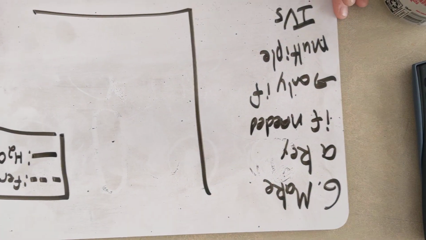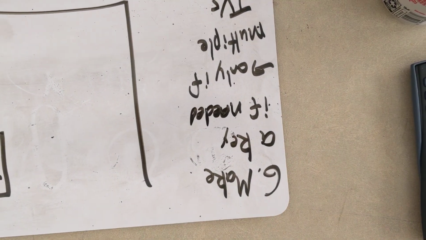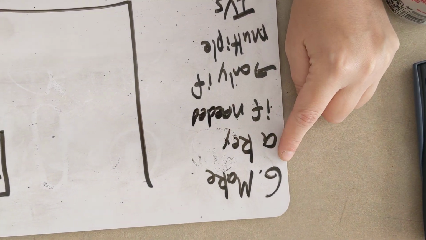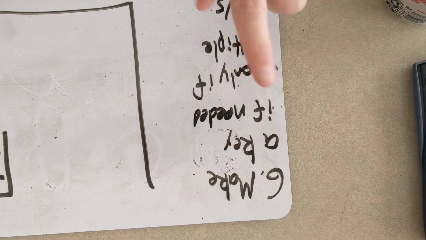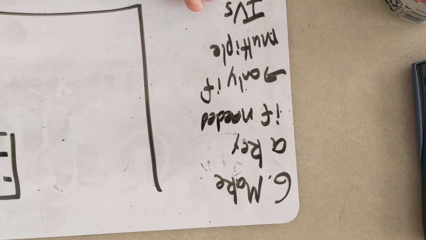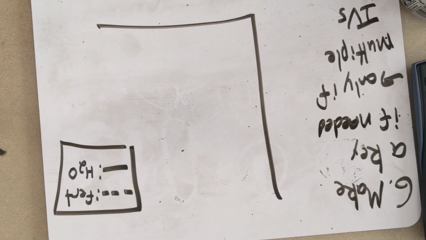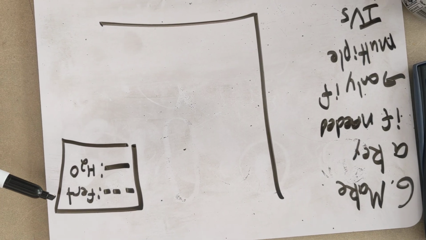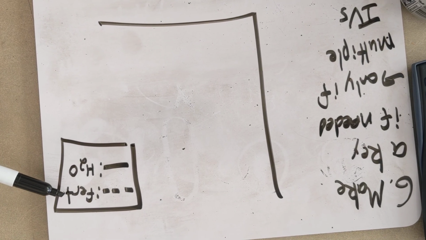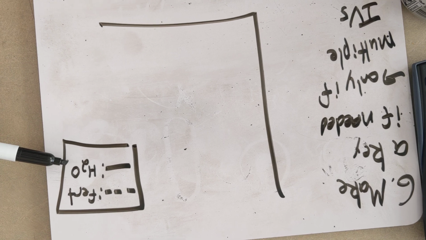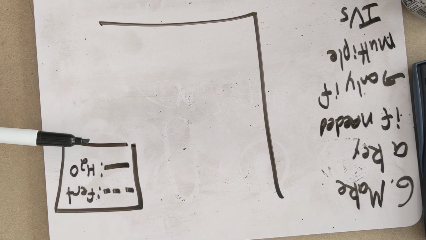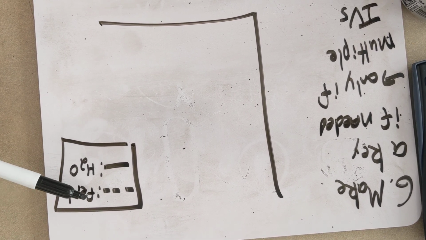Which then brings me to step 6. Now, step 6 is actually, you don't always have to do it, but sometimes you do. You may have to make a key, but only if you have multiple IVs. So for example, let's say my data wasn't just testing the effect of fertilizer, but it was also testing the effect of water. Then I would need 2 different lines, 2 different colors.